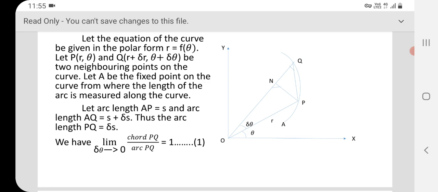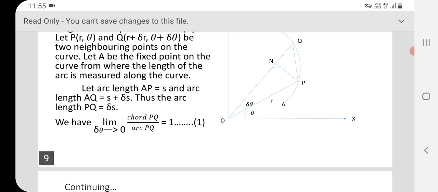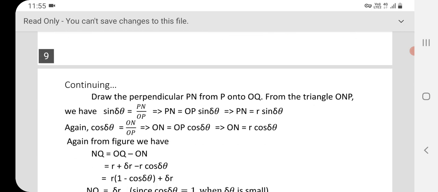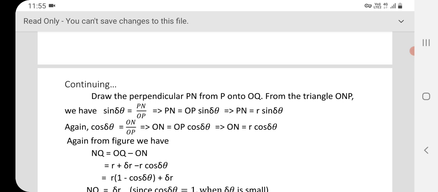Now we have, limit as delta theta goes to 0, chord PQ by arc PQ equals 1. Call it equation number 1. Now draw a perpendicular line, that is PN, from P onto OQ.